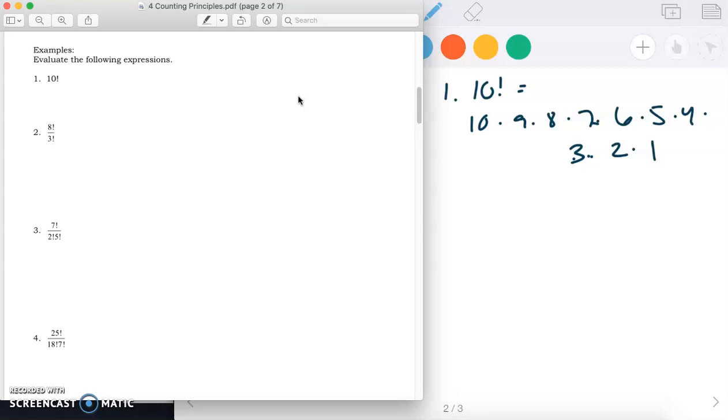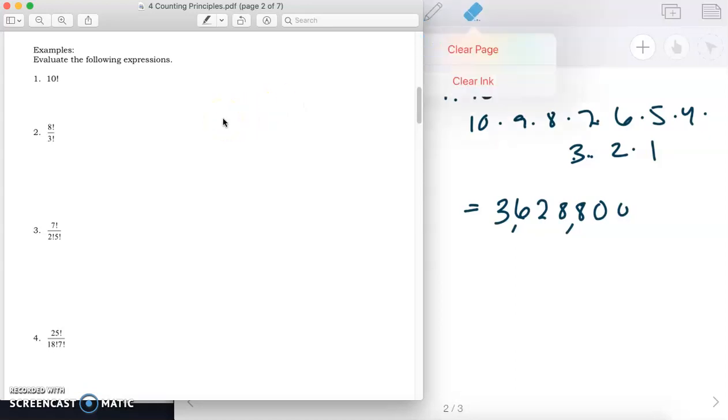There are ways to write it in the calculator, which I'll show you in a little bit. But first, we're just going to go ahead and find that number. So when we enter that into the calculator, we get 3,628,800.